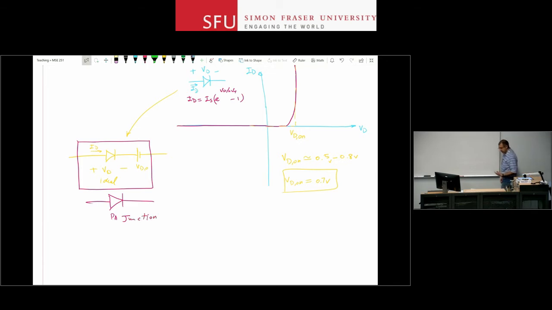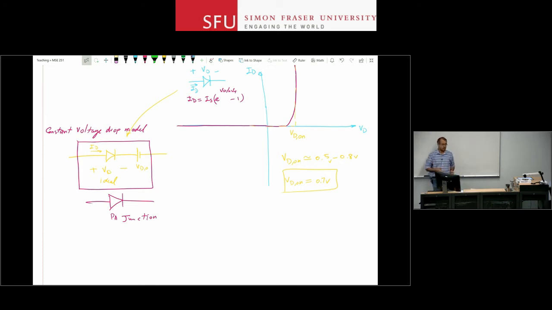In this case, we are ignoring the small changes in VD as you change ID. So we're assuming that VD is more or less constant. For that reason, we call this the constant voltage drop model. Meaning that when the diode is on, you assume that there is a constant voltage drop across the diode, as we said, normally about 0.7 volts.